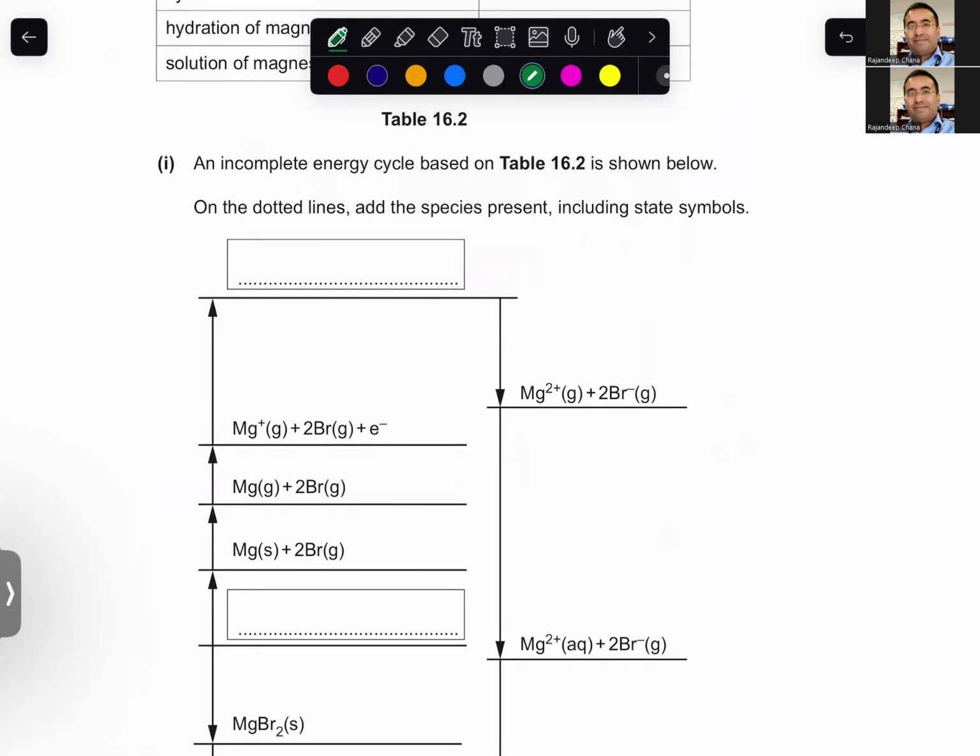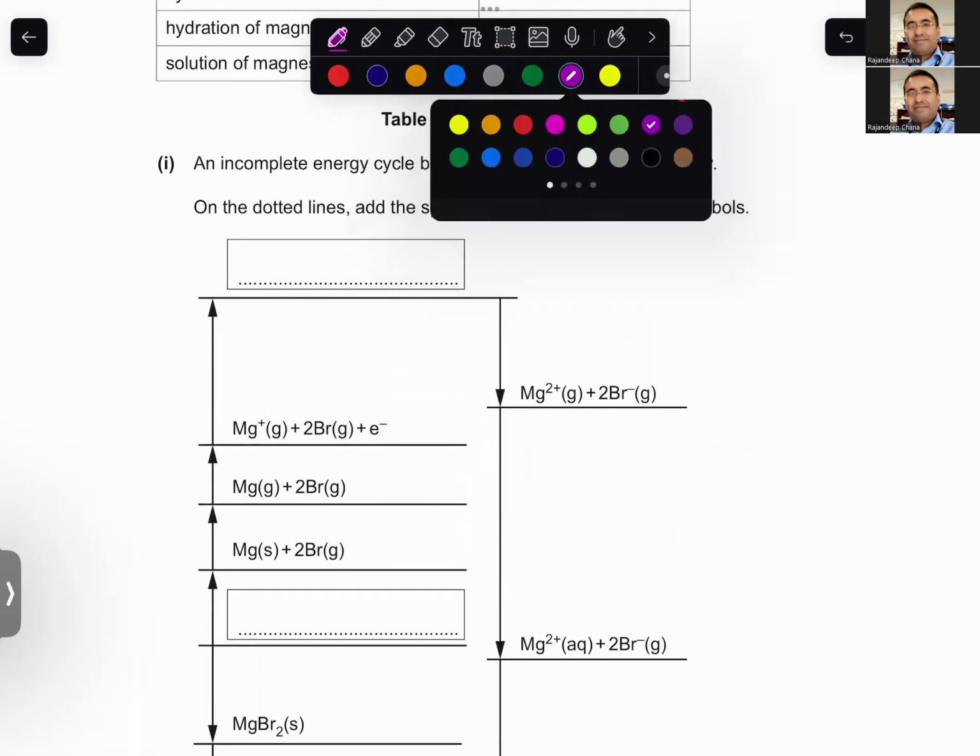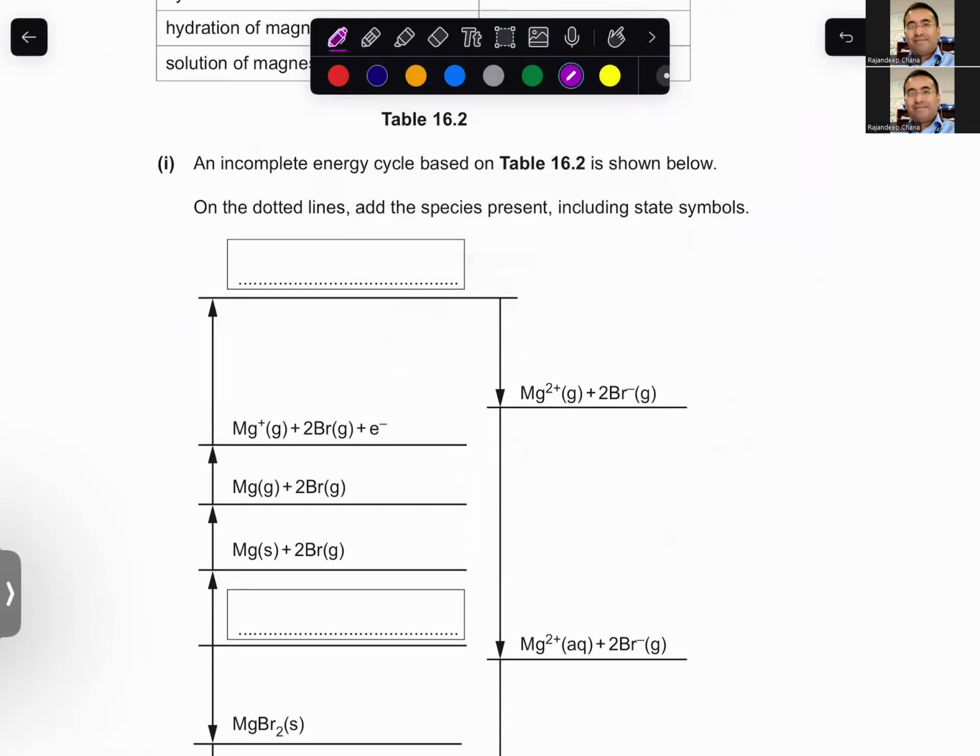So asking here on the dotted lines, add the species that are missing. You see, you've got the first ionization energy. This must be the second, Mg2+ gaseous plus 2Br gaseous plus 2 electrons. That explains these 2 electrons are then gained to give you Br-. That's that level.